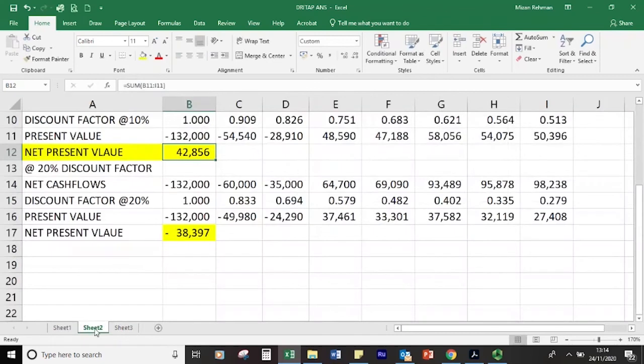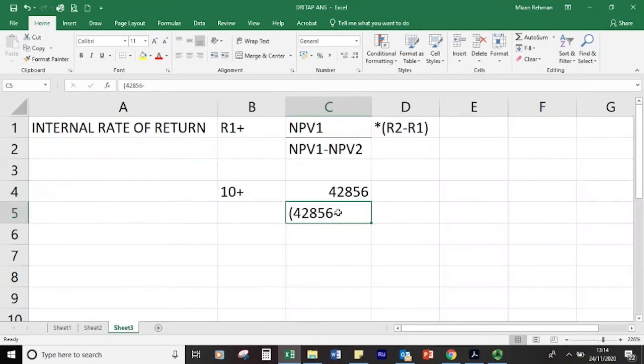If you go to sheet 2, you get minus 38397. Because the formula has a minus and the figure has a minus, minus and minus get multiplied, and they turn into positive. So we put the figure as 38397.